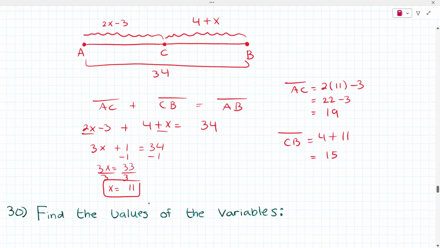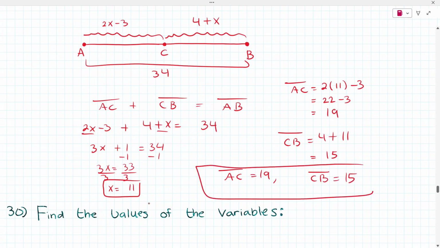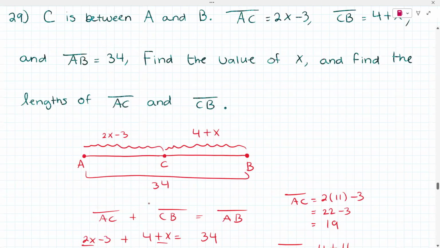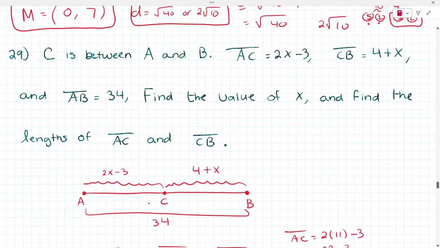Okay, so the distance of AC is 19. The distance of CB is 15. Is that what they're asking? Yes, find the lengths of AC and find CB. Okay.